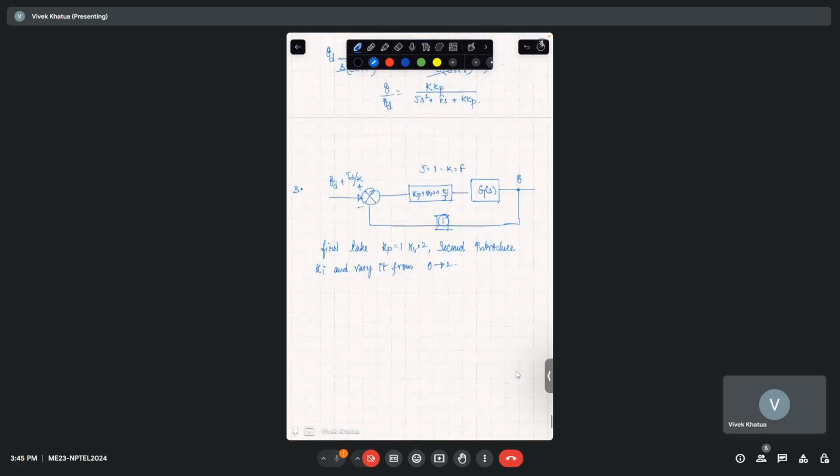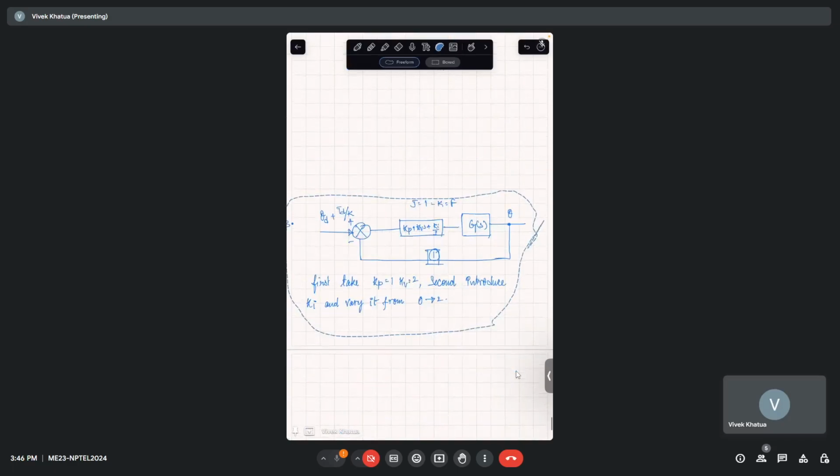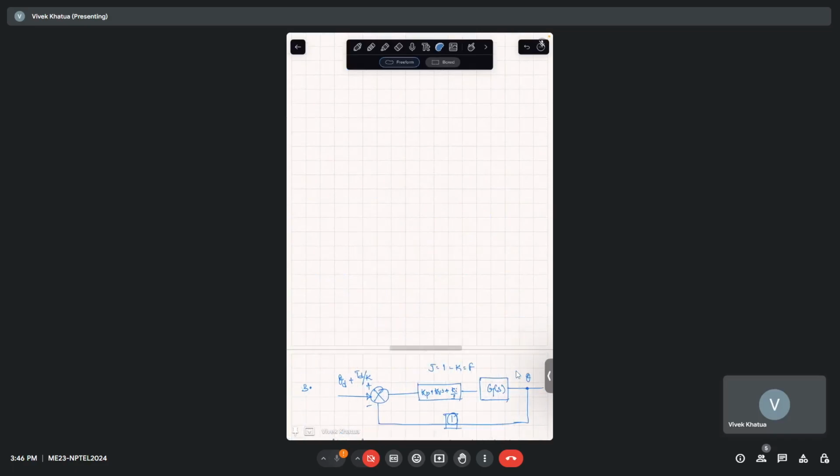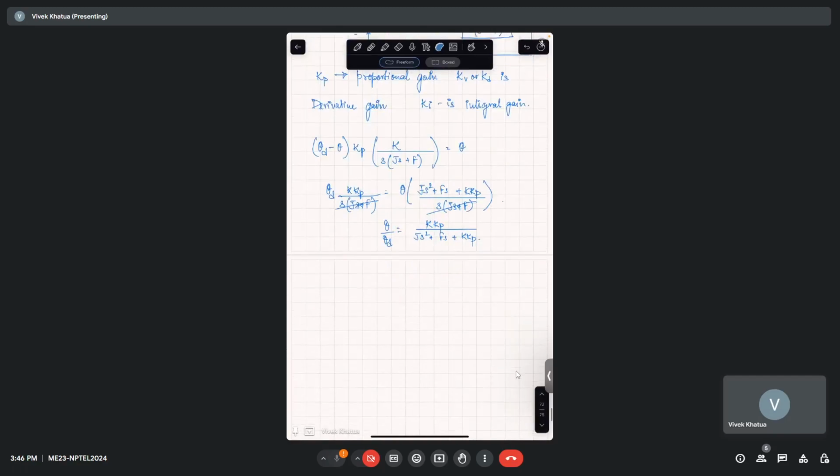Similarly, we will do the same for derivative control. So same rigor: theta d minus theta times Kp plus Kv s. So what is this?